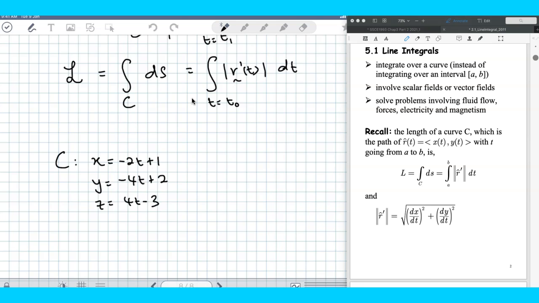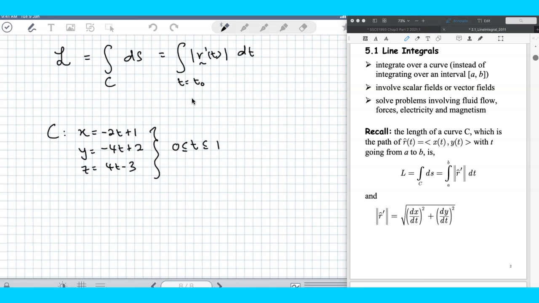The limit of t is given from 0 to 1. Now we want to evaluate the length of the curve given by this parametric equation, so you can form the vector function: negative 2t plus 1, minus 4t plus 2, 4t minus 3.